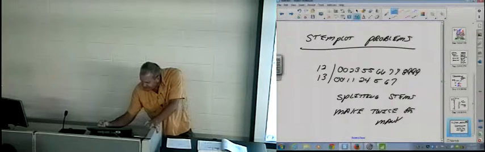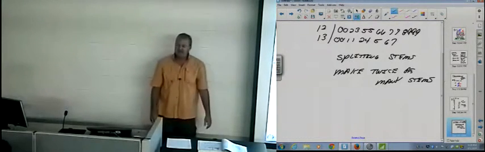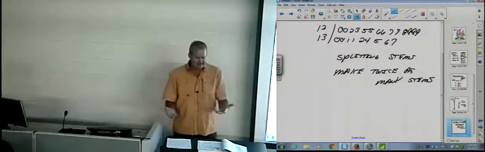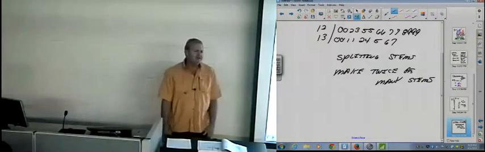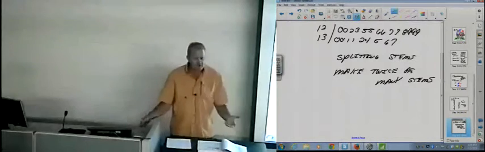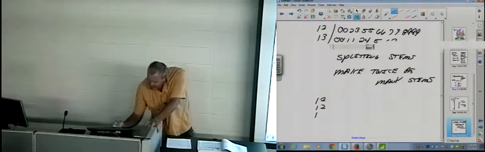So what you do is this. This technique is called splitting stems. Anytime you're looking at a stem plot and all the little leaves are on 2 stems or 3, that's not a good picture of the distribution, right? And so since I've got 2 here, 12 and 13, I'm going to write them down twice.